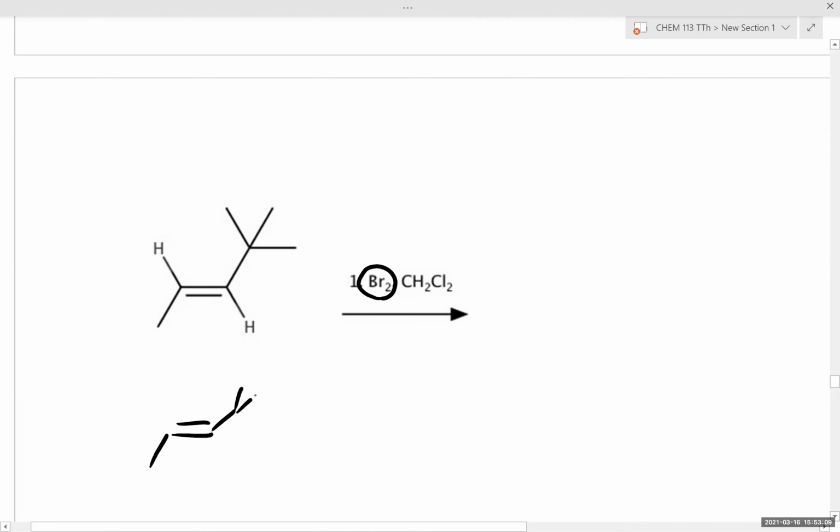So in our first step, we're going to make our bromonium ion. That in turn, let's just arbitrarily assign this bromonium ion on the top face.